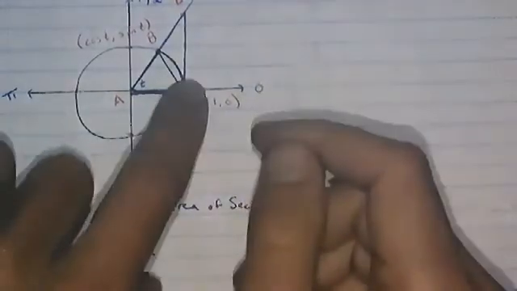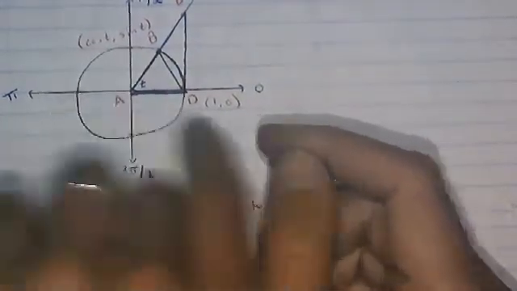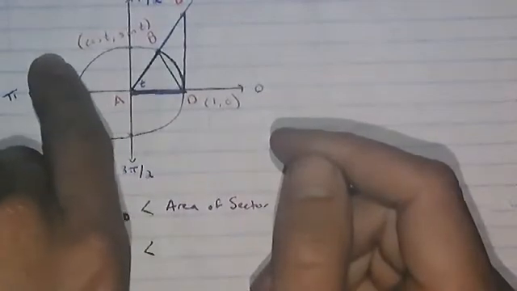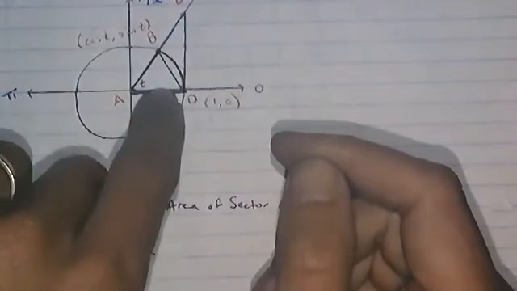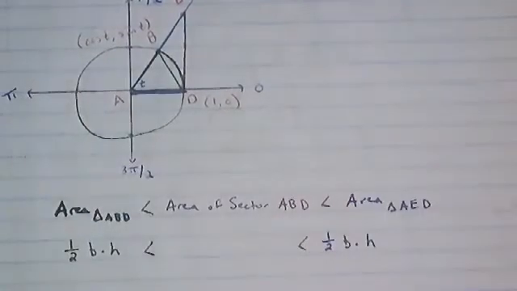So if you had a 180-degree rotation, you'd have half of the area of the circle. So we just need to find the appropriate fraction that t is of a full rotation. What's a full rotation? Be calculus students, please. 2 pi.